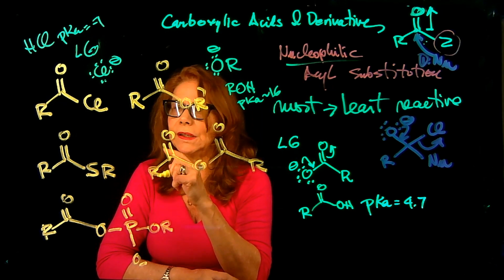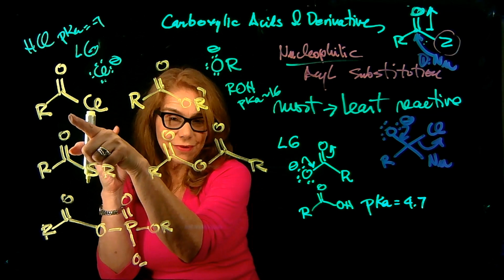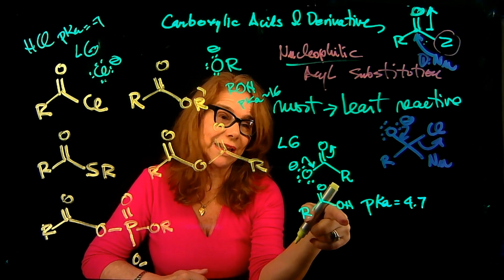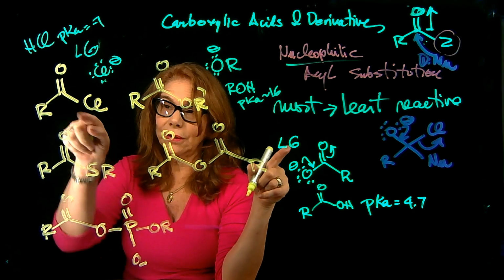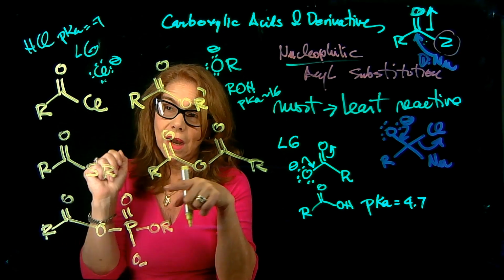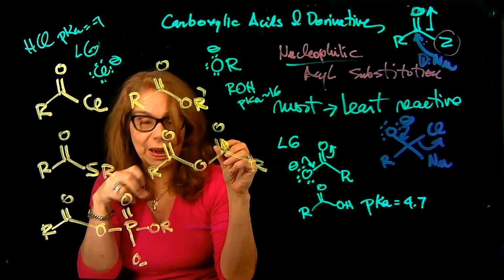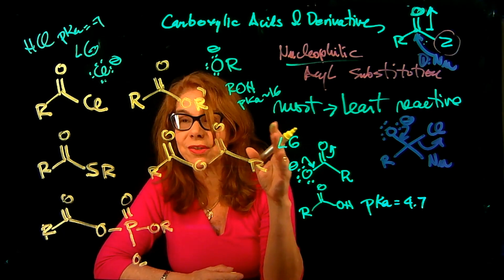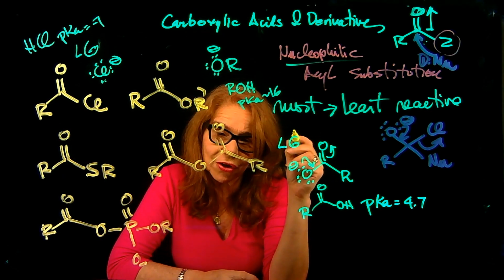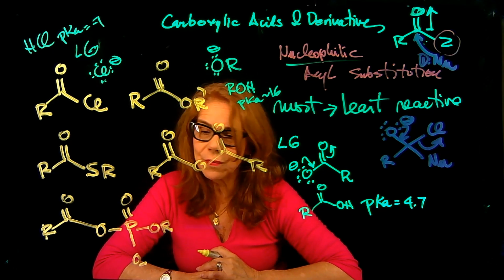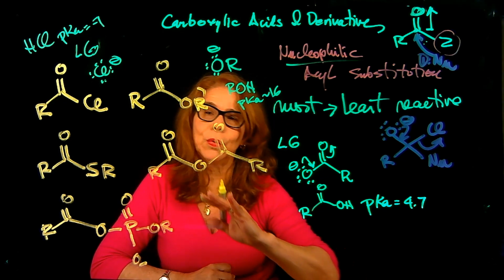So already right here, I'll say that I'm ranking this more reactive than this, because we're analyzing the electrophilicity of that carbon. Chlorine has an electron withdrawing effect by induction, not as much by resonance, because chlorine belongs to another period below the carbon, so resonance effects are not important here.